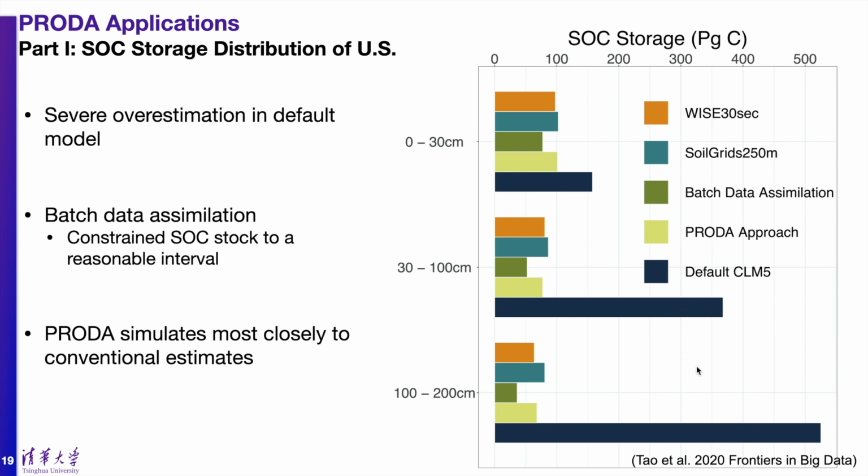The batch data simulation can effectively constrain the total soil organic carbon stock to a reasonable level, although, as we discussed in previous slides, batch data simulation can cause spatial bias. But at the same time, the product approach, of course, gives the estimations that are closest to conventional estimates along the soil depths.